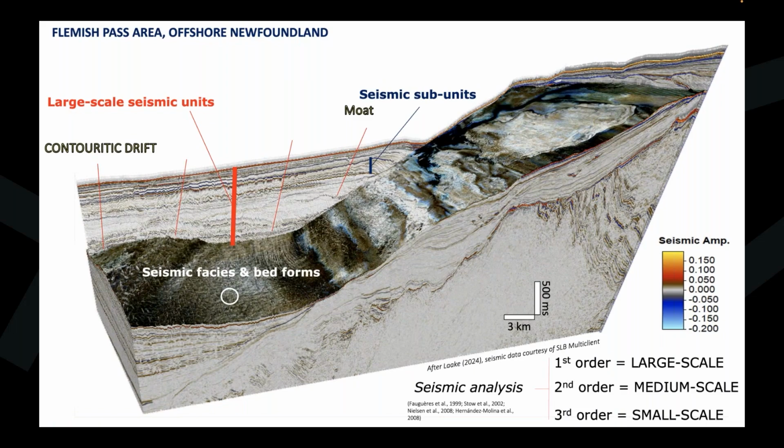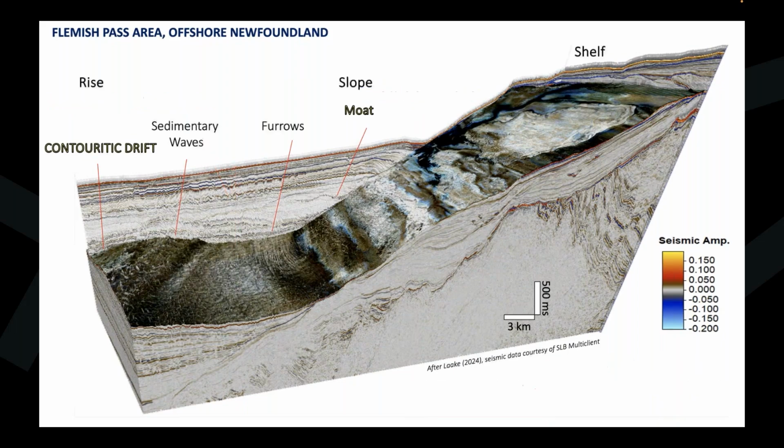On a large scale, we try to identify the larger feature that we call the third order feature, and then we go into the subunits, to the medium scale, to see the stacking pattern of the deposits, and then we go into more detail to identify the seismic facies of bedforms within the subunits. So there is a hierarchy in the way we do the seismic analysis to characterize these deposits.